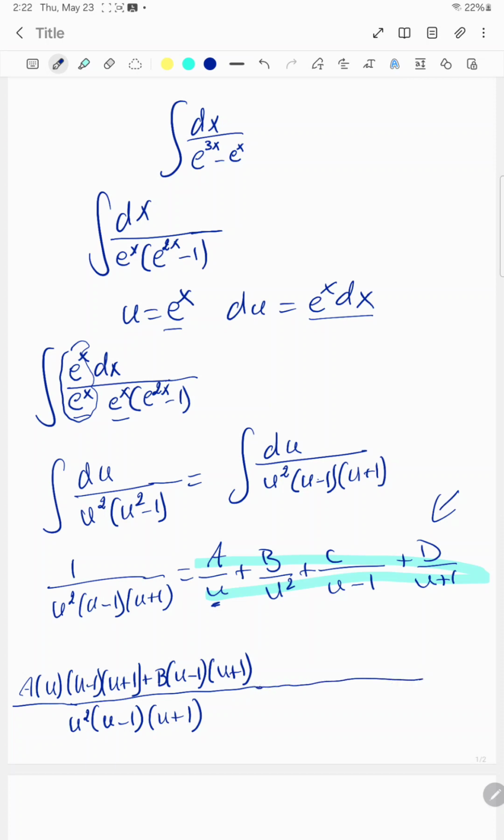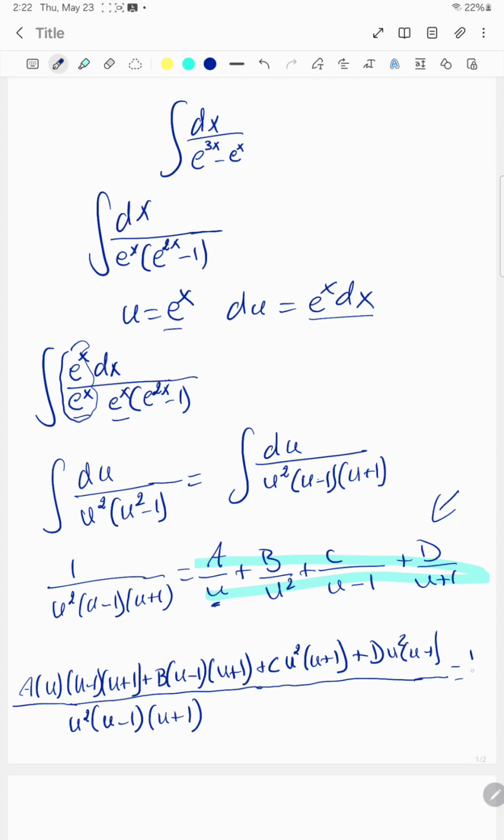And if I have my denominator divided by u minus 1, I have my c multiplied by u square times u plus 1. And my d would be multiplied by u square times u minus 1.